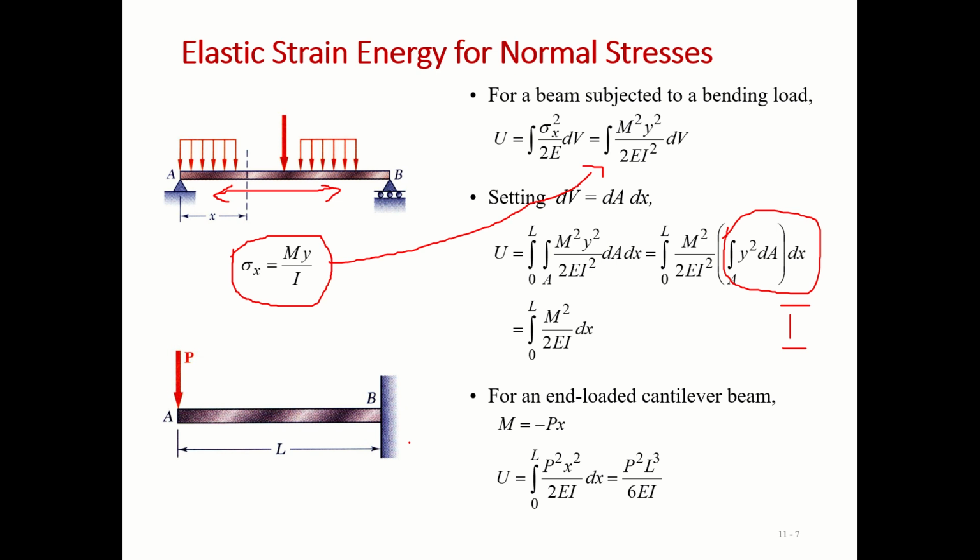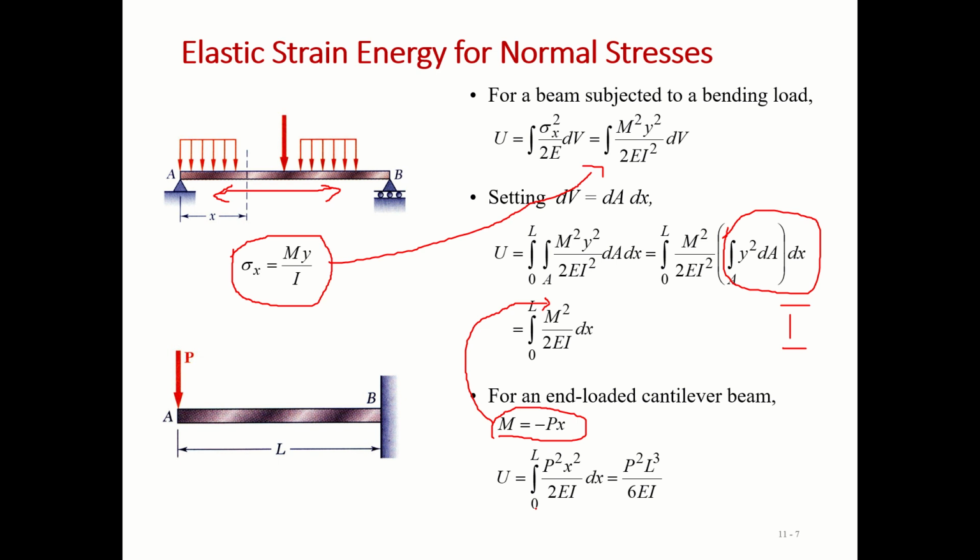Here is the simple case for an end-loaded cantilever beam. So the moment will be equal to minus Px. Just putting this minus Px into this equation, we will have this kind of relation.